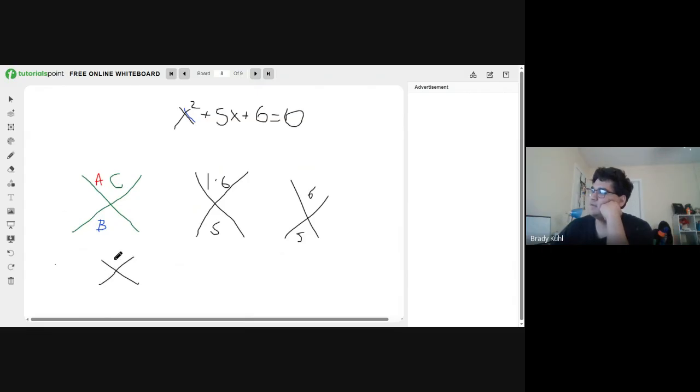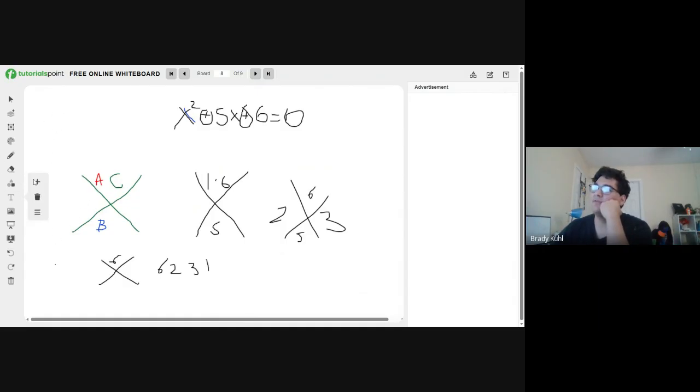Get 6, you get 1, 6, 2, 3. Now, keep in mind that c is positive, so you can't have just one negative, so you get 2 and 3. 2 times 3 is 6. 3 plus 2 is 5. It has to add.